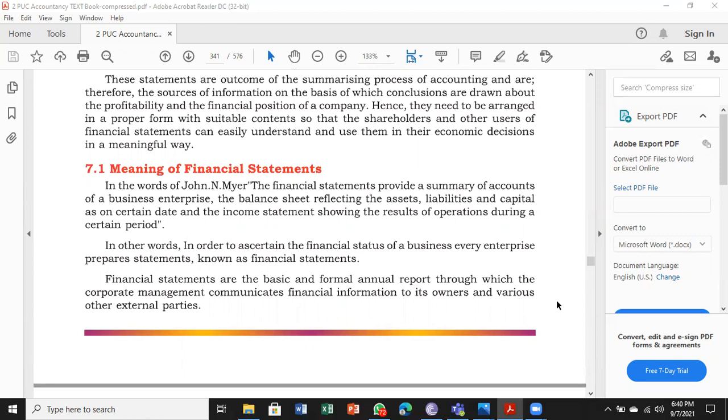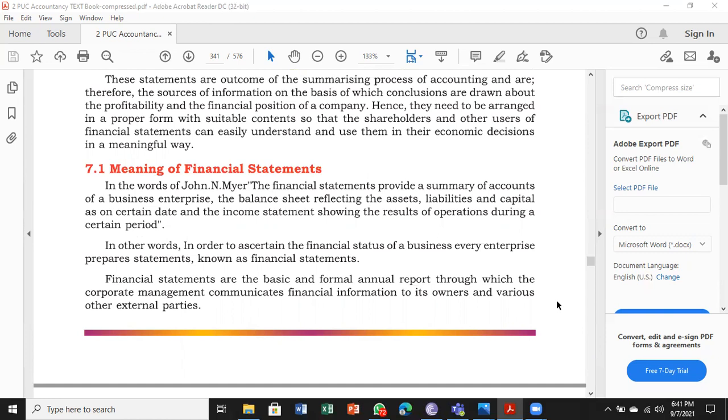It is going to talk about the profit or loss earned by the company before tax, after tax, etc. What is the final result of the various operating and non-operating activities of the company at the end of 1 year.